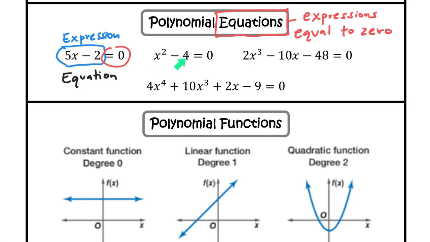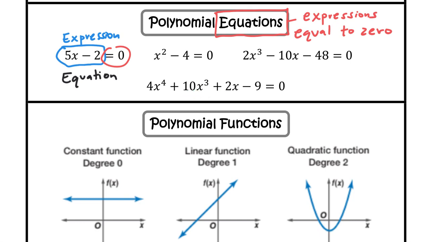So here I have an expression x squared minus 4, it's equal to 0. So we call this an equation. This is another equation and another equation. And why are they called polynomials? Because poly means many, nomial means numbers or terms. So there's many terms, right? Here I have 2 terms, 3 terms, and then here I have 1, 2, 3, 4 terms.